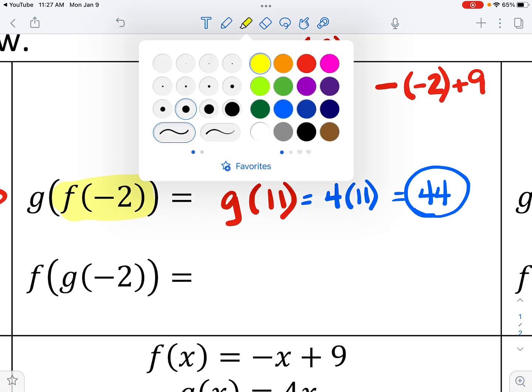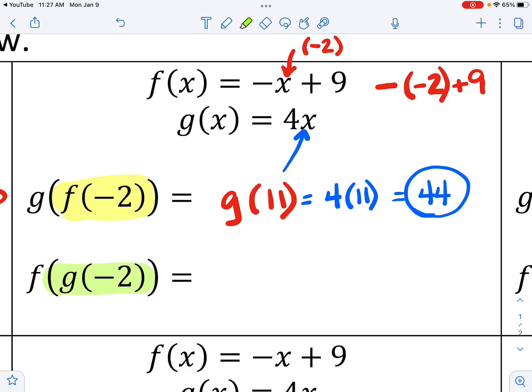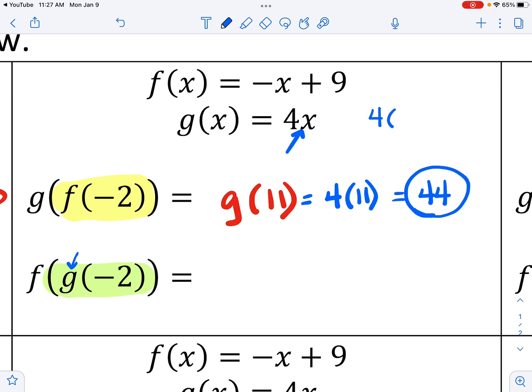So again, we start on the inside and we plug into the -2. But we do this into our g equation. So I have 4 times -2, which is -8.